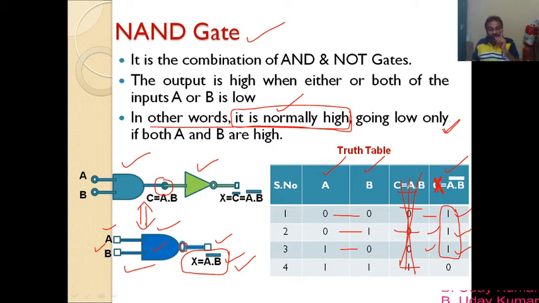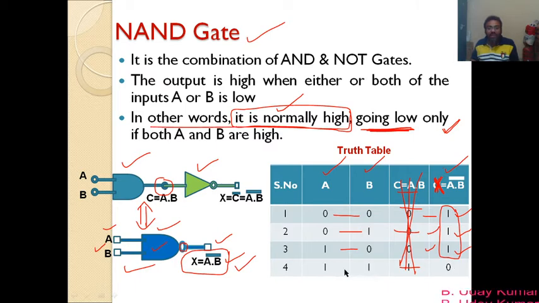But there is one case where the output is low, and that low condition is mentioned here. Please check it out. The NAND gate is the gate whose output is normally high and going low only when both A and B are high. So the output of the NAND gate will be 0 at what condition?